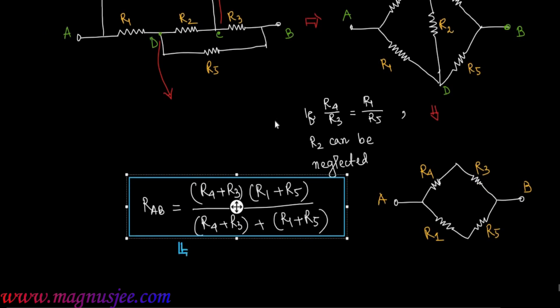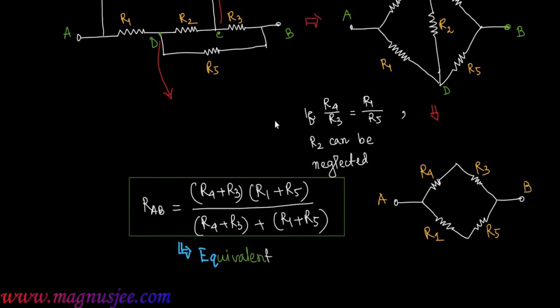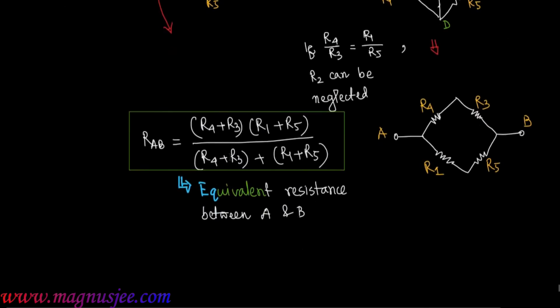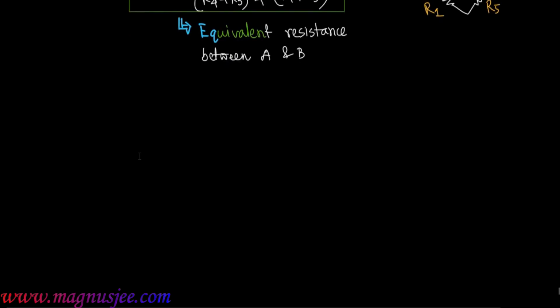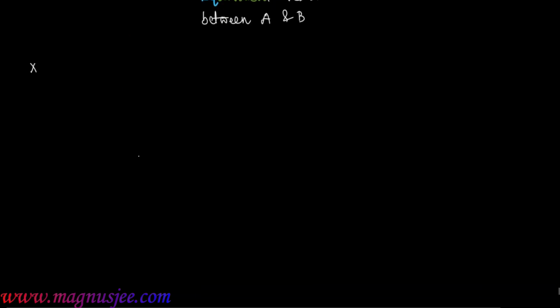This is the equivalent resistance between the 2 points A and B. RAB is the equivalent resistance between the 2 points A and B.